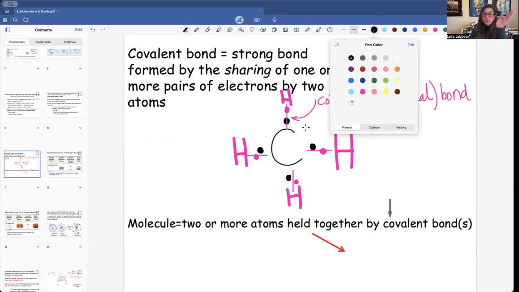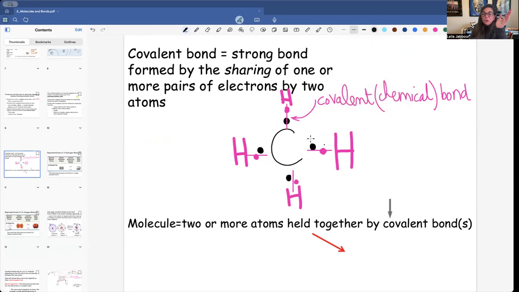We only had four on that valence shell for carbon. So there's nothing special going on here. It has four and it needs four more, and it gets it from all of these hydrogens. And these hydrogens don't have extra electrons either. So there's no polarity to them.